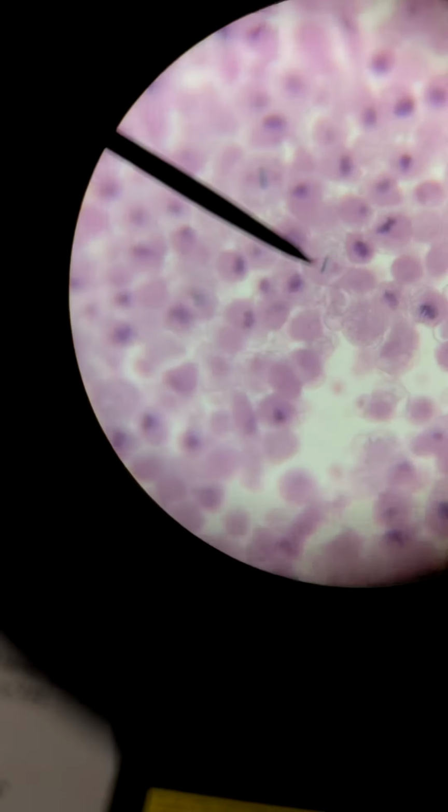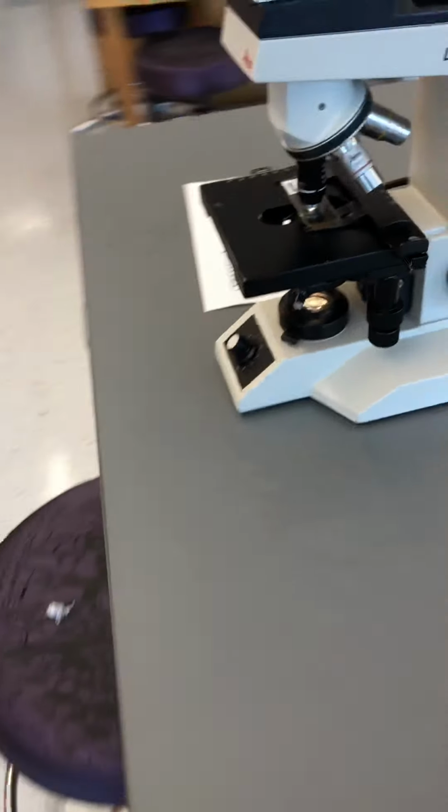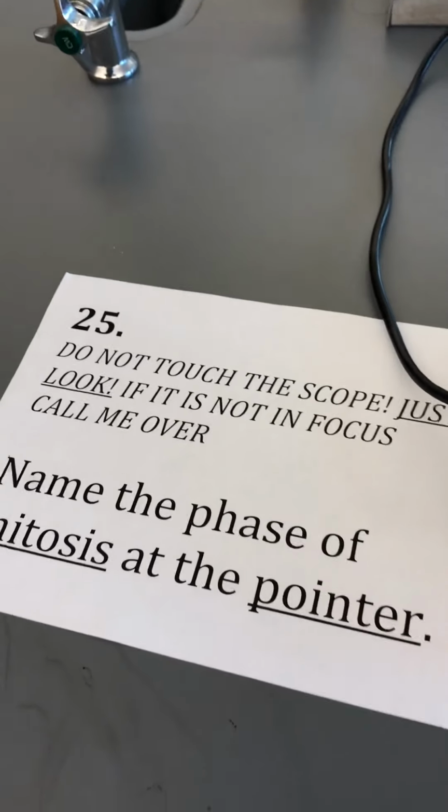Kind of. It is metaphase at the pointer. I think you can kind of see it. There we go. Metaphase. That is so hard to do, just so you know. Students do it much better than I do.